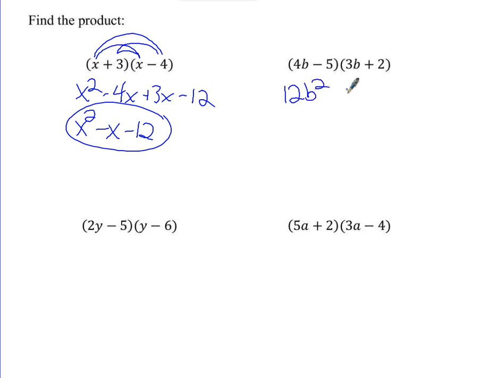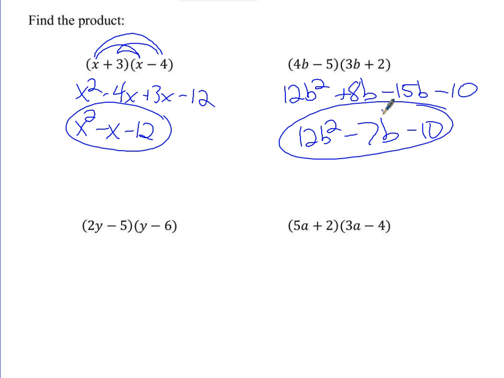Good. 8b. Right, watch those signs. Minus 15b. And then minus 10, yep. So we get, good. 8b minus 15b becomes negative 7b minus 10. Done.